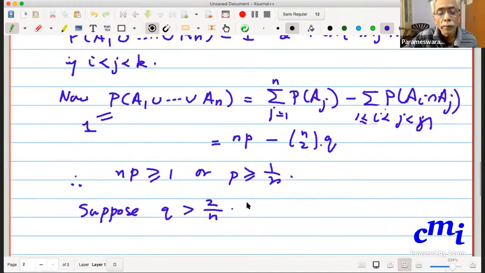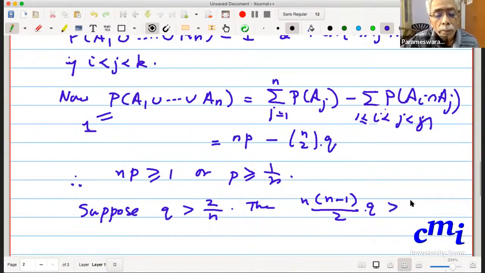Then n times n minus 1 by 2 times Q must be bigger than n times n minus 1 by 2 times 2 by n. This and this cancels, this and this cancels, and I get that this is bigger than n minus 1.